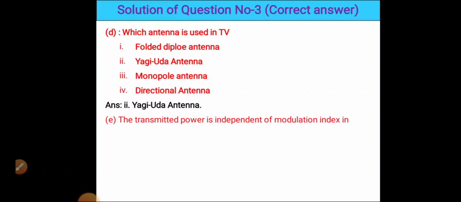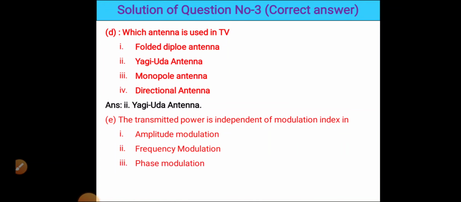The transmitted power is independent of the modulation index. So amplitude modulation, frequency modulation, phase modulation, none of them. So in frequency modulation, the transmitted power is independent of the modulation index.